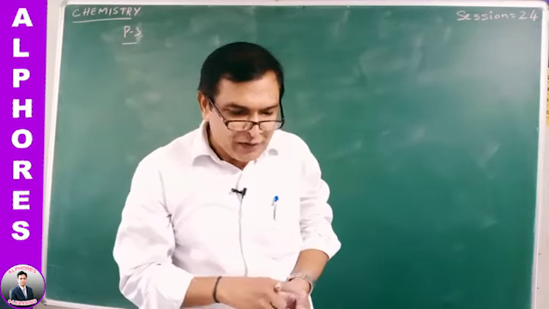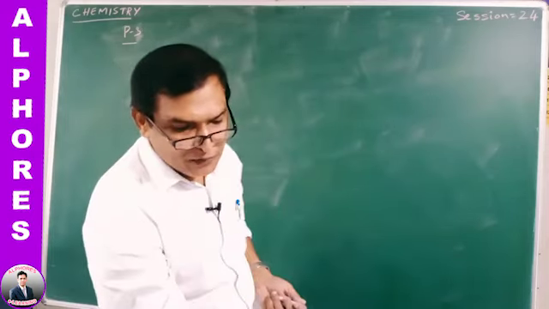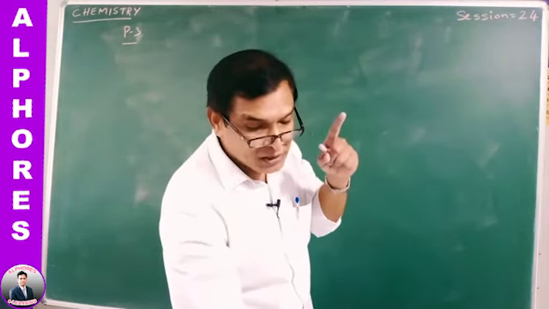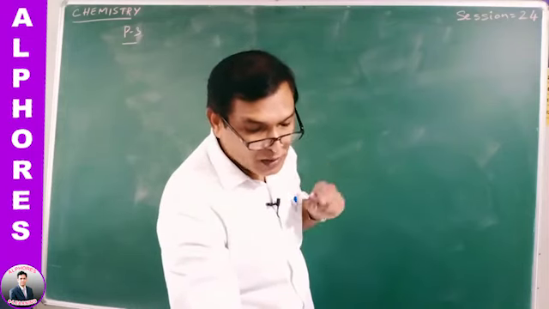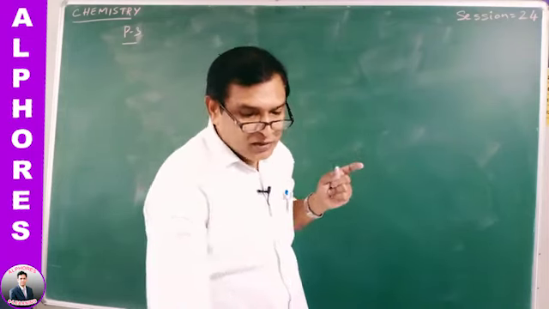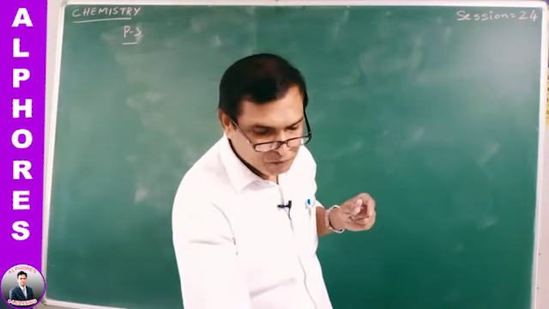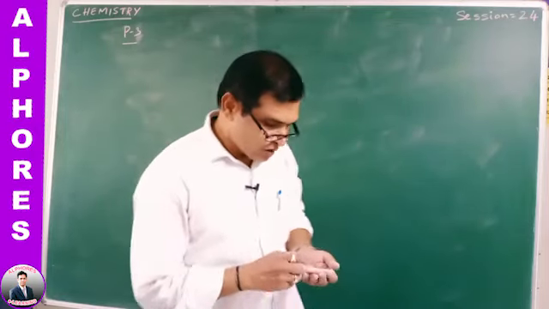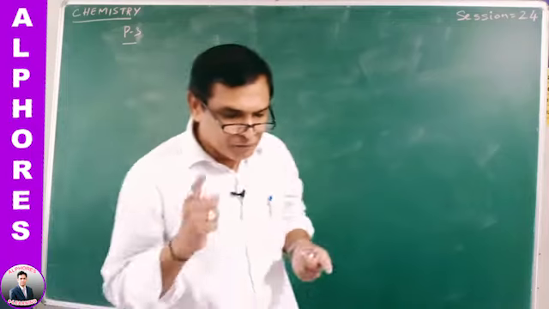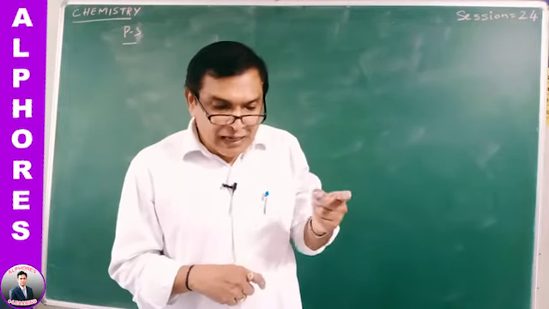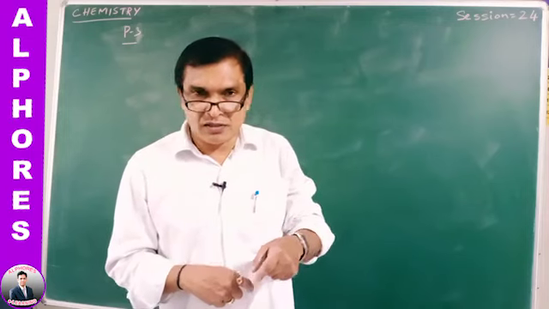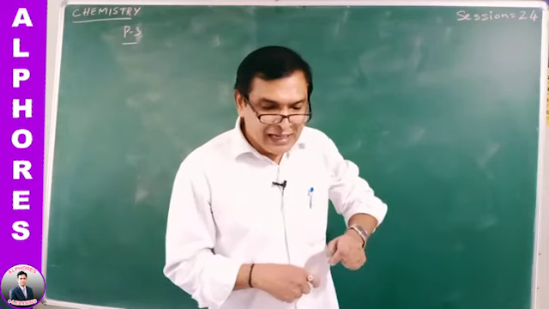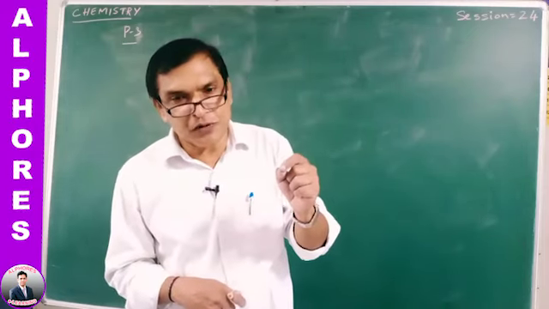The problem is: wavelength of an electron with mass 9.1 into 10 to the power minus 31 kg, so here the mass of the electron is given in kg, and kinetic energy 3 into 10 to the power minus 25 joules.